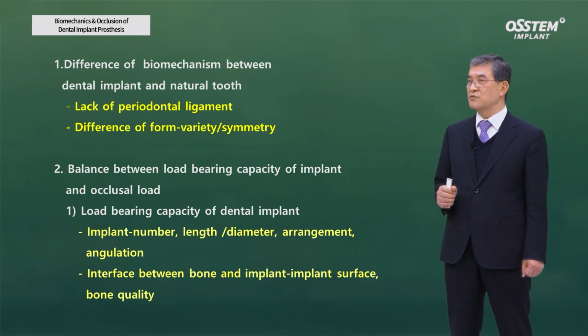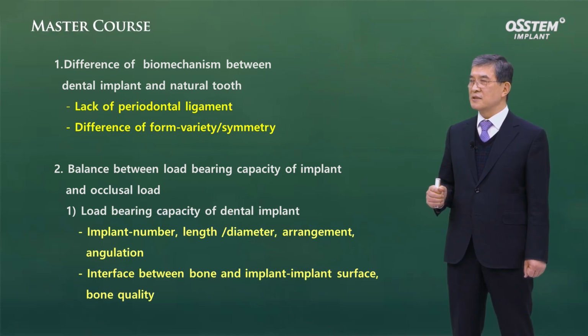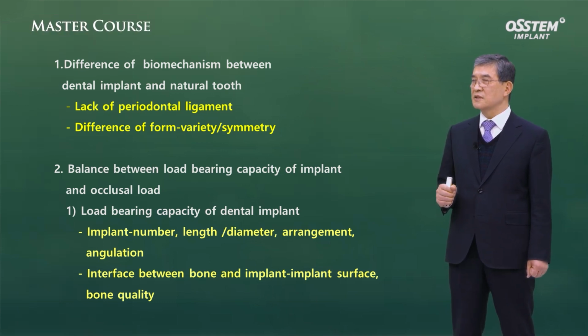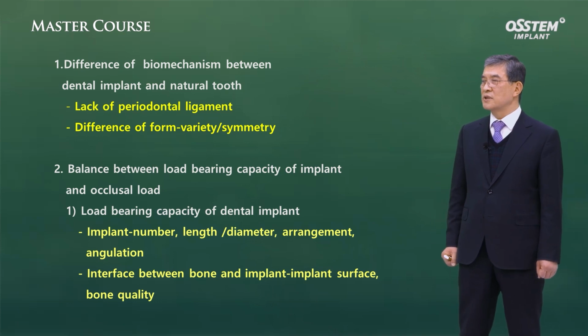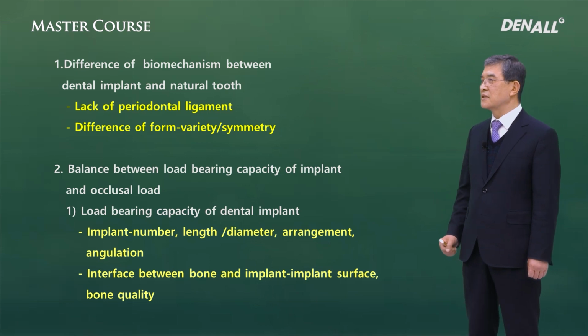Another important factor is implant surface. You need to choose appropriate rough surface. You need to choose the right type of implant so that osseointegration occurs successfully. You need to also consider the bone quality of the site in question.